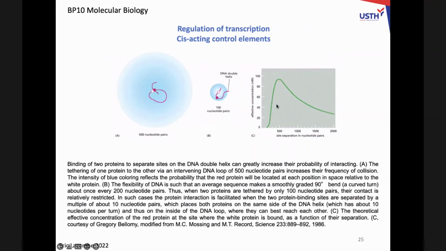From 500 to 100 base pair, it was dropping dramatically because of the constraint of bending of DNA, because DNA is flexible, but not that much. So at one point, it cannot bend. So here it was impossible. But you see what I wrote on the whiteboard, zero to maximum every turn.